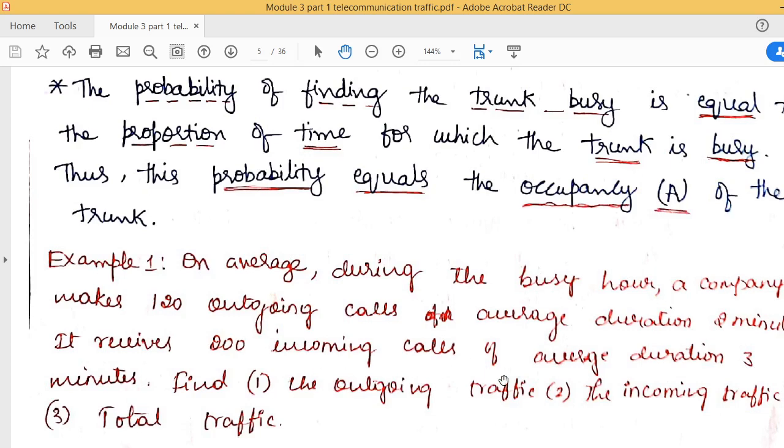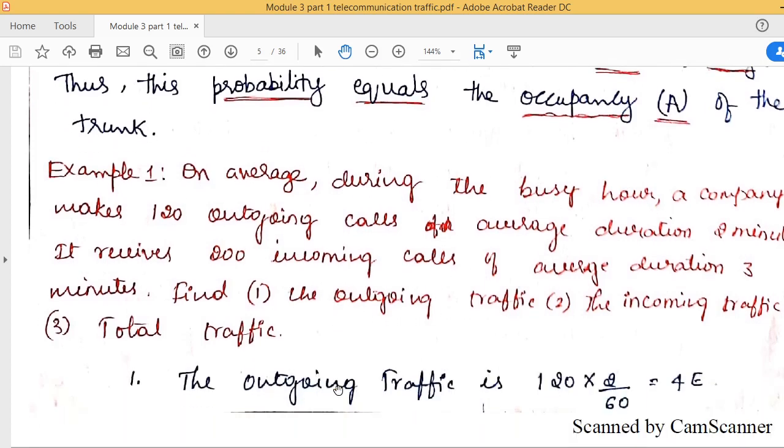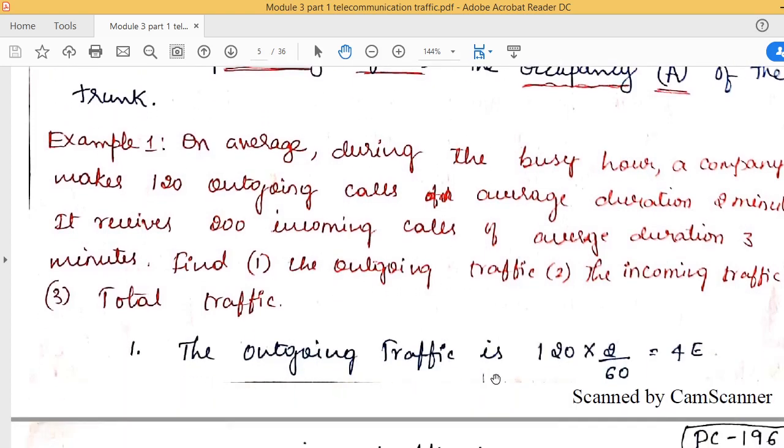So first let us calculate outgoing traffic. So the outgoing traffic is A equal to CH by T, where C is the number of calls arriving over this particular duration, that is 60 minutes. We are defining this as 60 minutes because they have given holding time in minutes.